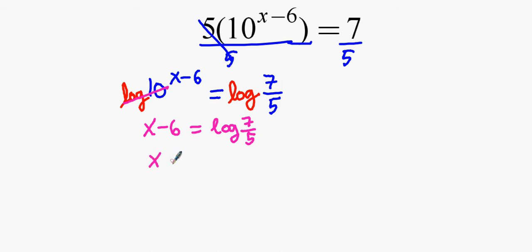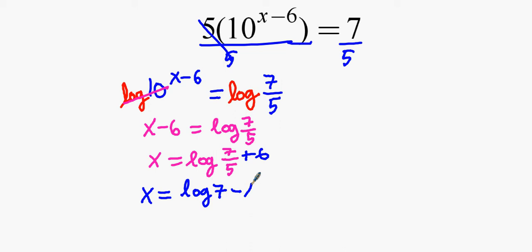So x equals log 7/5 plus 6. And if we want to, we can rewrite this: log 7/5 is the same as saying log 7 minus log 5, plus 6.